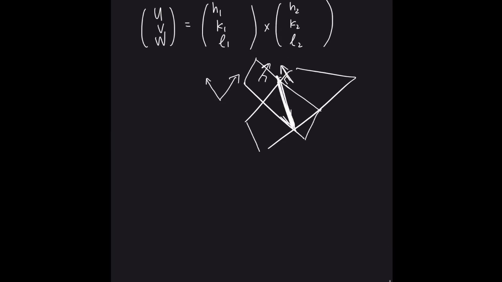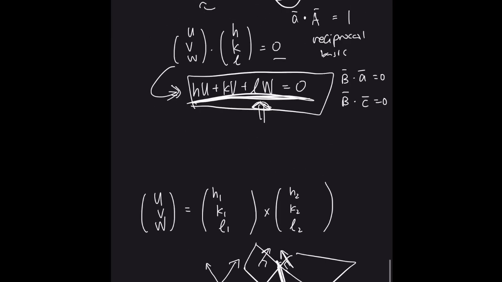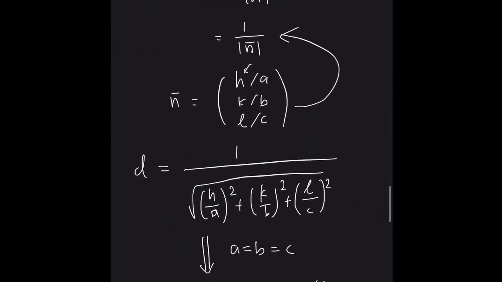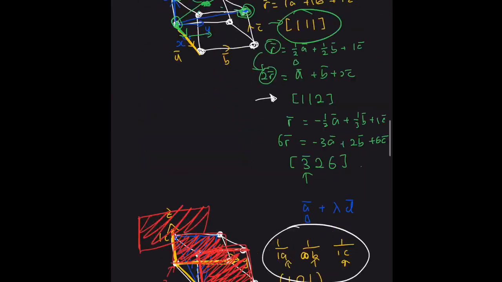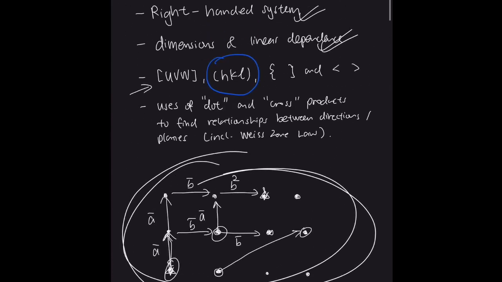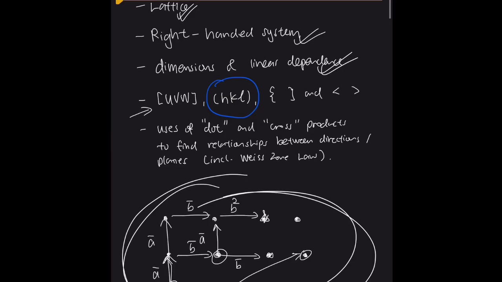I realized that I haven't really explained what these brackets mean. So these are called families. For example, we have introduced Miller index as well as direction vectors, these two.